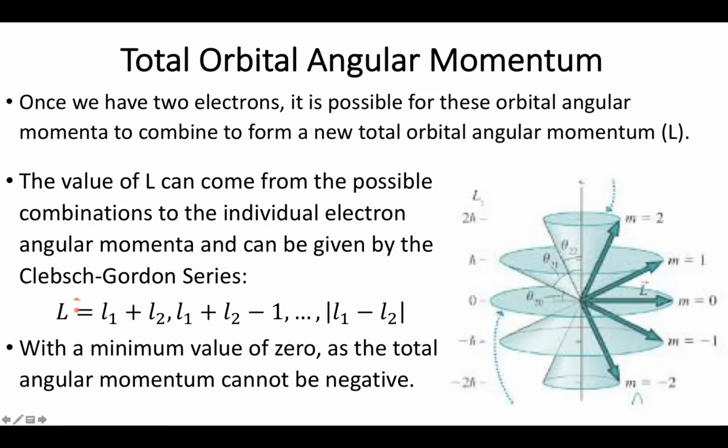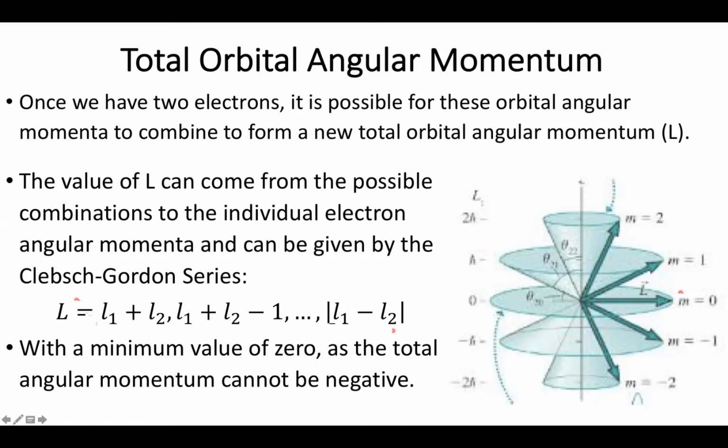That's the idea where I can combine my two orbital angular momenta and say that they can either combine constructively, L1 plus L2, adding in the same direction, or they can be slightly offset and there'll be that sum minus 1 and then minus 2 if they're increasingly offset, till eventually the point they're pointed in opposite directions, and my total orbital angular momentum will simply be the difference of my two L values.